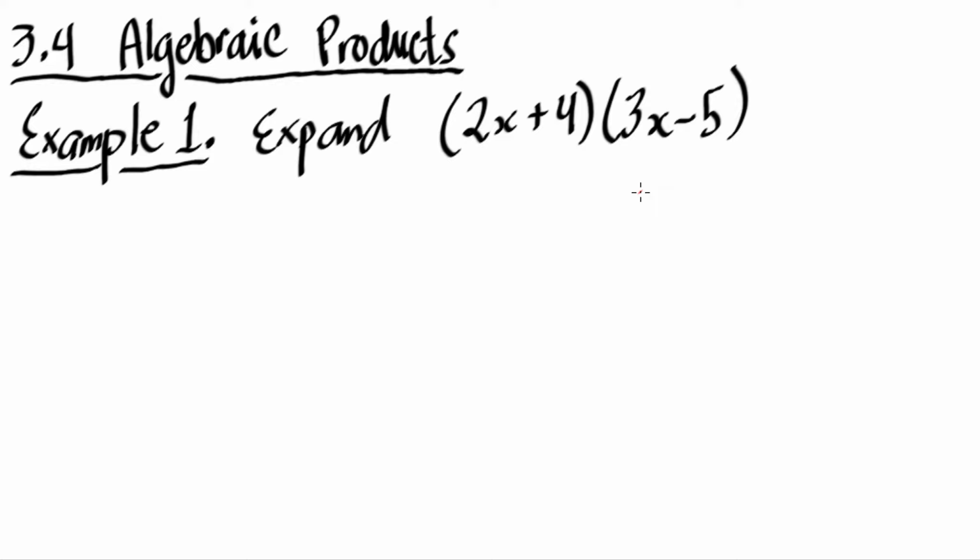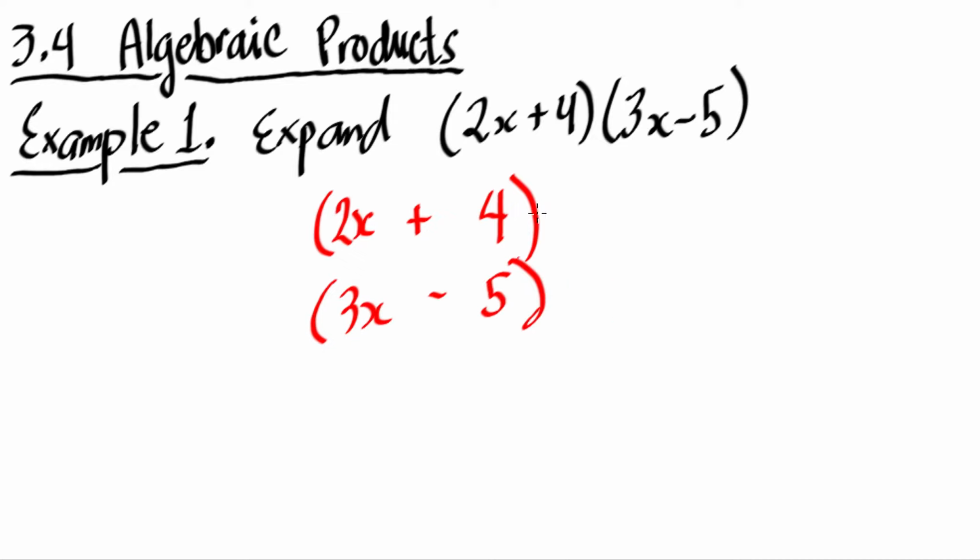Okay, so let's use the sutra vertically and crosswise here. First, let's put them in vertically: 2x plus 4 times 3x minus 5. Let's redo that. Oh, sorry about that.